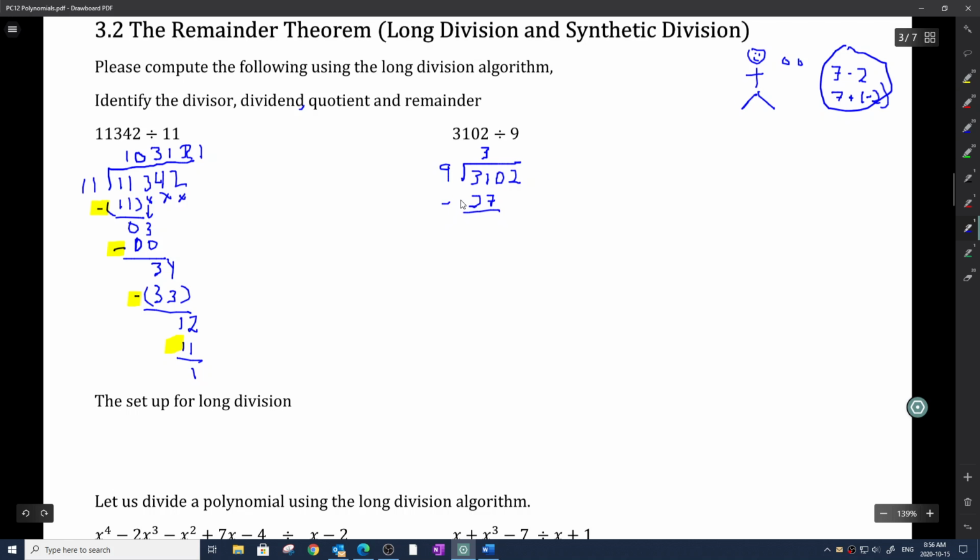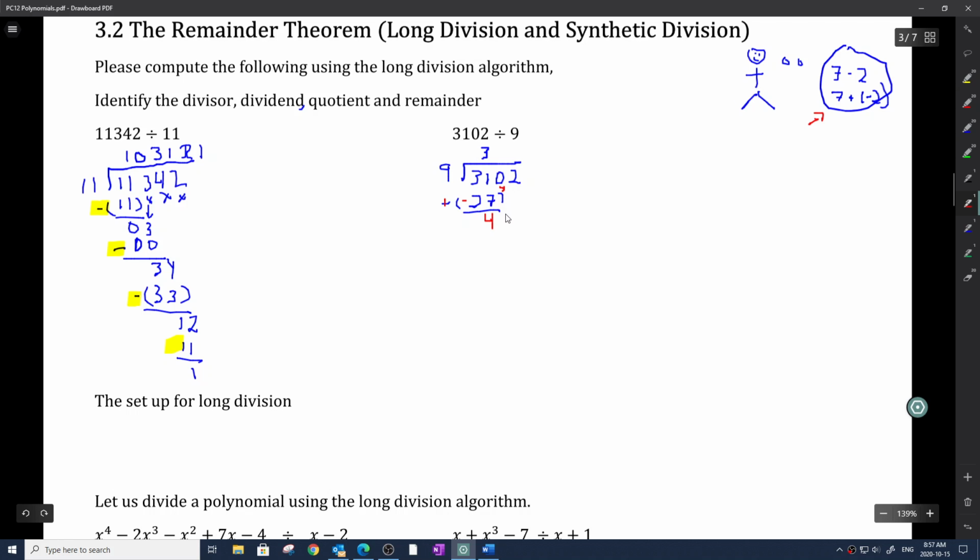So I'm going to subtract 27 from 31. Wait a second, I'm not going to do that. Instead, I'm going to add the negative of it. So it's the same process that I'm doing up here. So 31 plus negative 27 is 4.